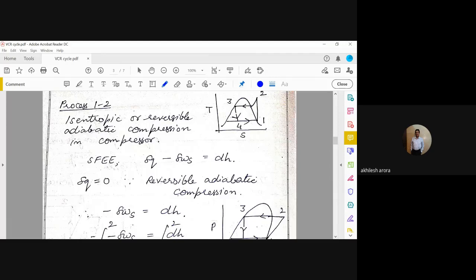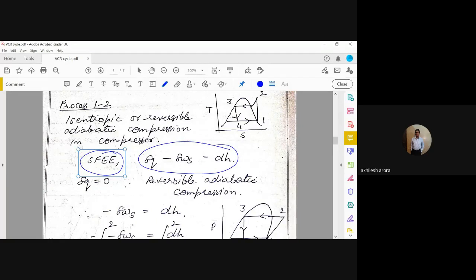Once again we can use the steady flow energy equation for this component, and once again we have considered that the changes in the kinetic and the potential energy are negligible. So what remains is delta Q minus delta Ws is equal to dH.